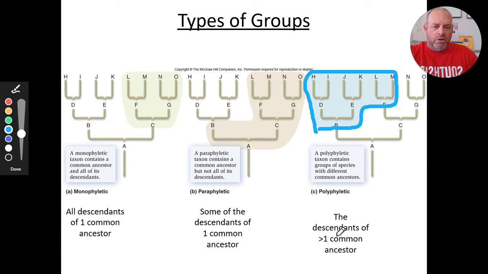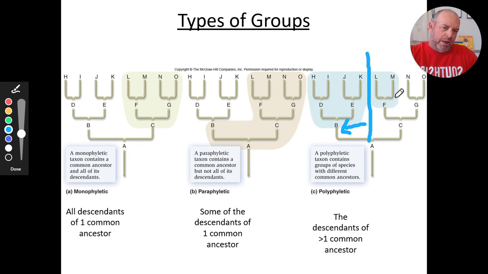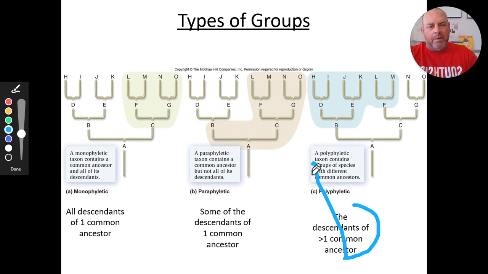So descendants of more than one common ancestor, because if you look, here's B, and D and E and H, I, J, K, all of these came from B. But the colored box includes L and M, and they came from F, which actually came from C, and they didn't come from B. So we're looking at a group that comes from more than one common ancestor, and that's why we call it poly.